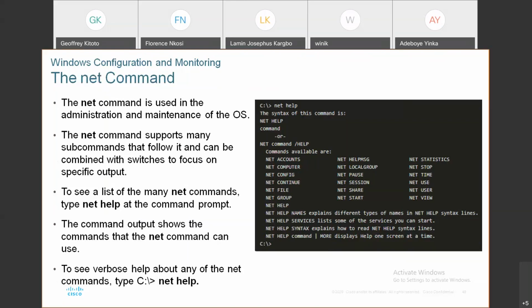You can just type, for example, net help accounts to see what details accounts has. So it gives you everything.